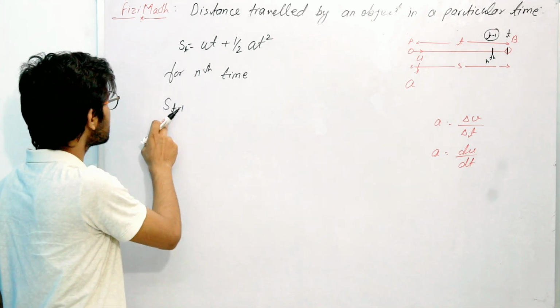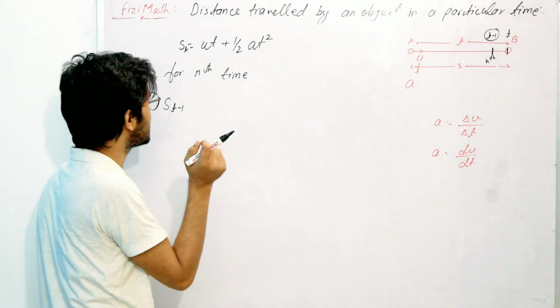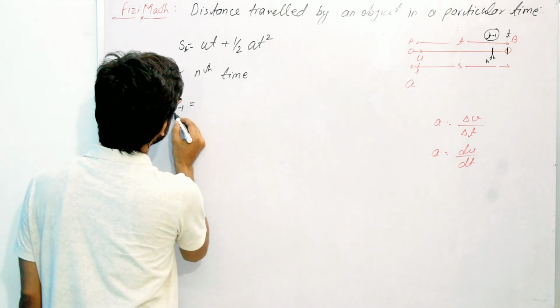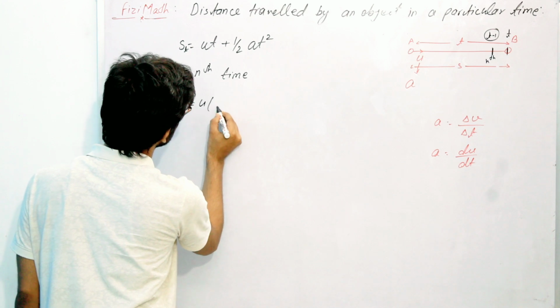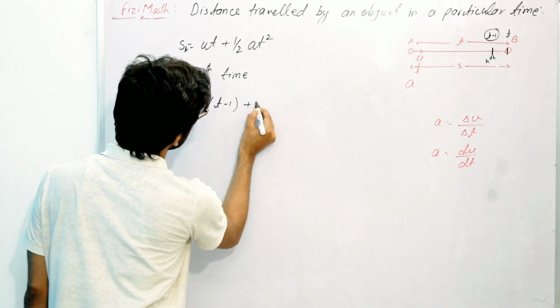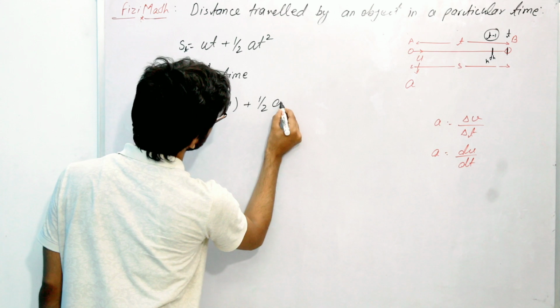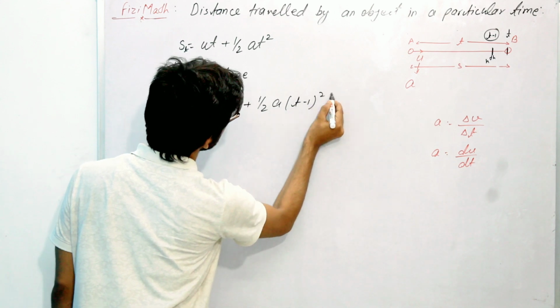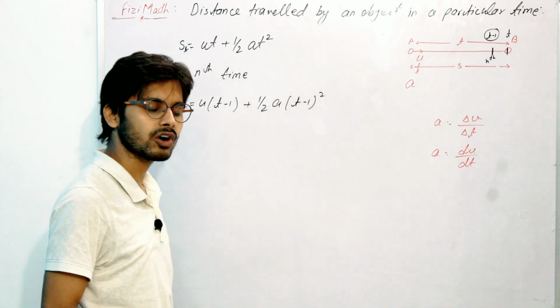So the time has been replaced by t minus 1. Therefore s_(t minus 1) will be equal to u(t minus 1) plus 1 upon 2 a (t minus 1) whole square, meaning for nth time.